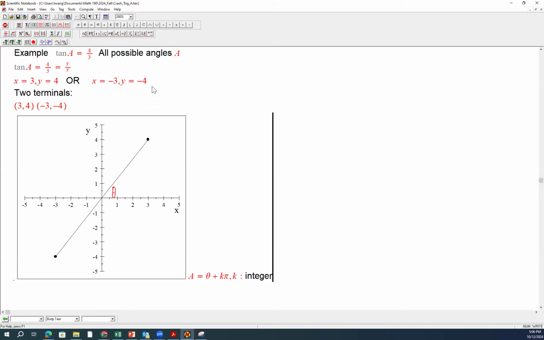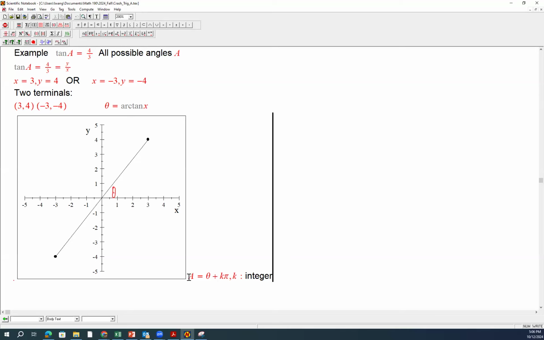And we're going to introduce to you arctangent. So theta equals arctan of x.